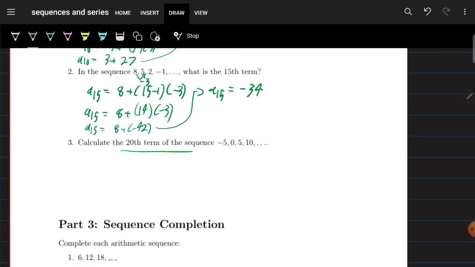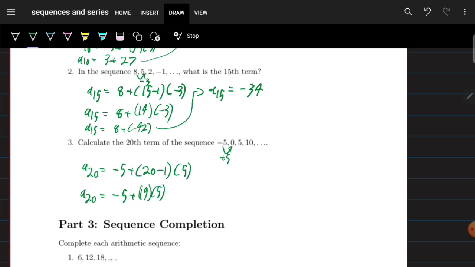Number 3, calculate the 20th term here. So same drill. a20 is negative 5 plus 20th term minus 1, times the common difference. We're going up by 5s here. So times 5. a20 is equal to negative 5 plus 19 times 5.